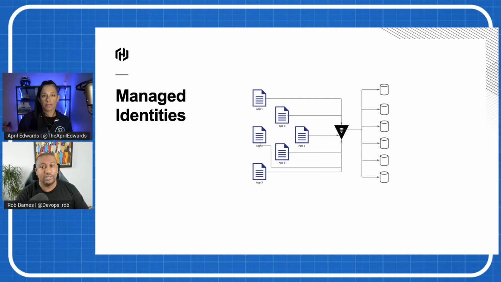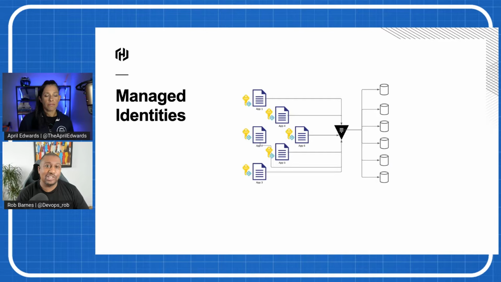So we have all of these VMs which are trying to connect to HashiCorp Vault, and they're going to use this Azure identity to authenticate and say who they are.